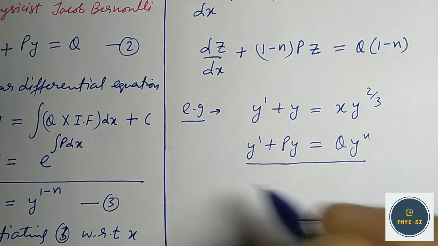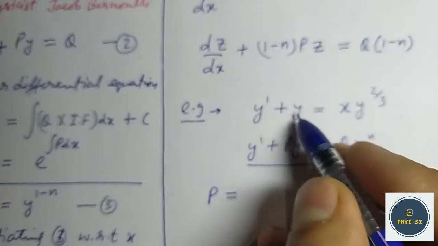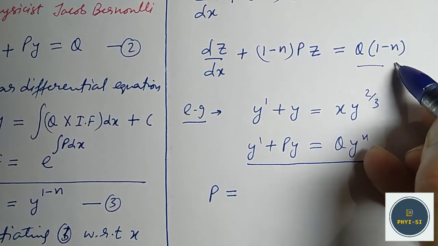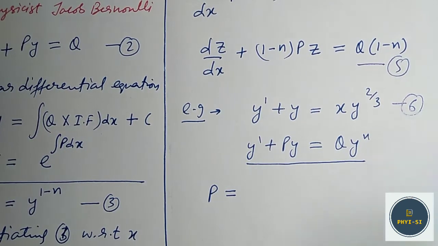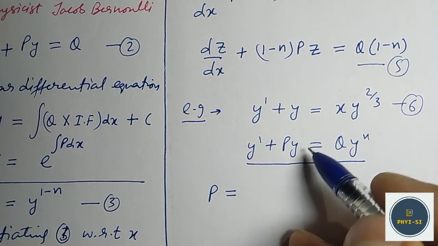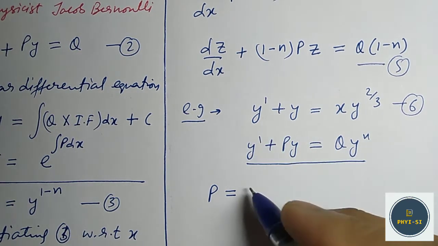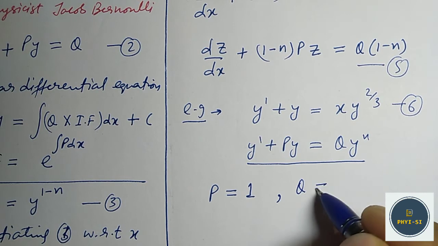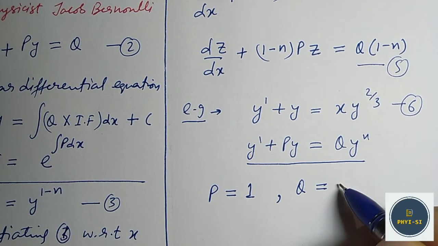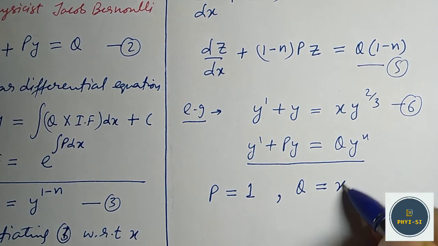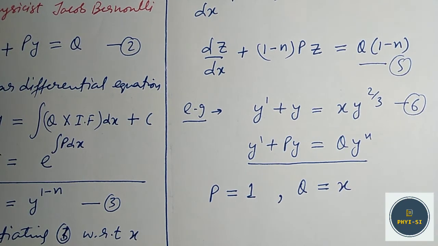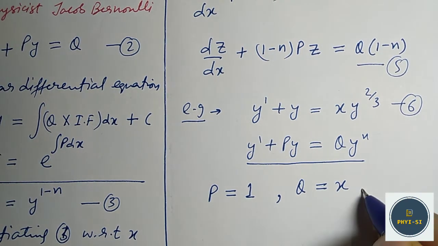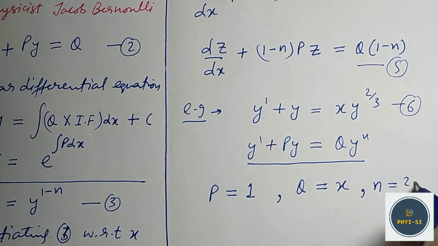If I compare these two equations, let's name them 5 and 6, we have p is equal to 1, and then q is equal to x. Q can be a function of x, so we need not worry. And then we have n is equal to 2 by 3.